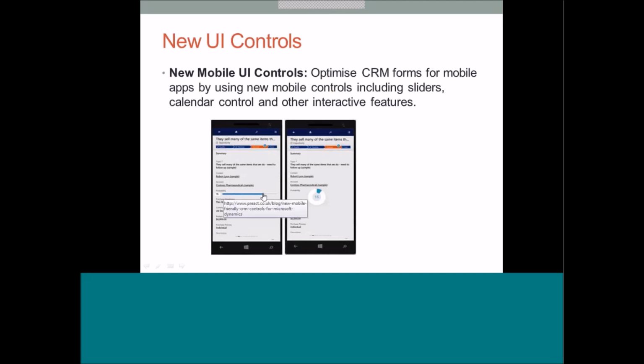So they can slide the bar across here to increase or decrease the probability. The other option is also a sliding control, but it's more circular. So they can take it from 15% and increase it as well. So there are different controls now which allow the users basically to input the data more effectively on a mobile device.